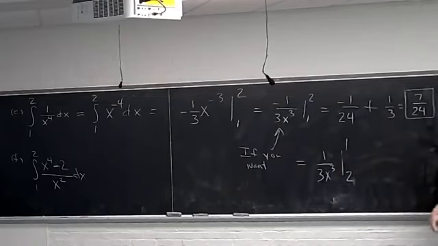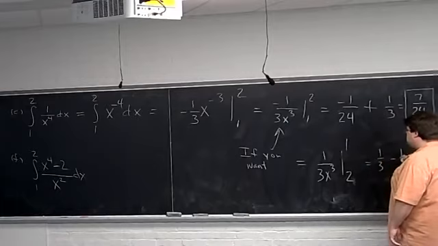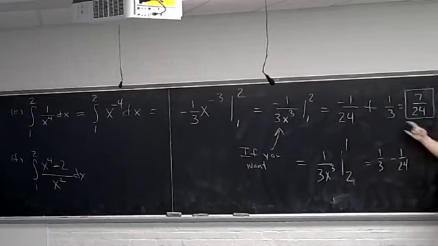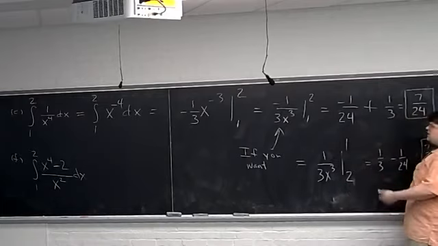Flipping bounds around, the difference is a negative. And then you get 1/3 minus 1/24, that line flipped around, which equals 7/24. So you could have done this in part D as well. But you don't have to. You could, whichever way you prefer.